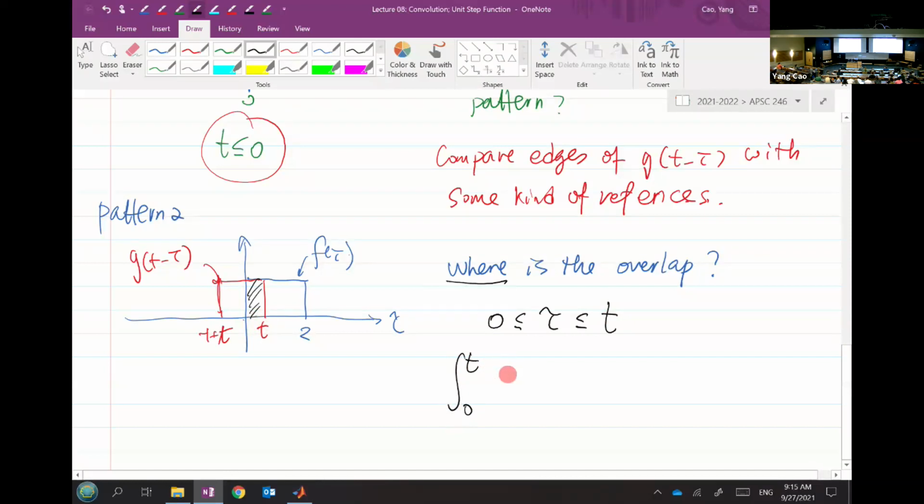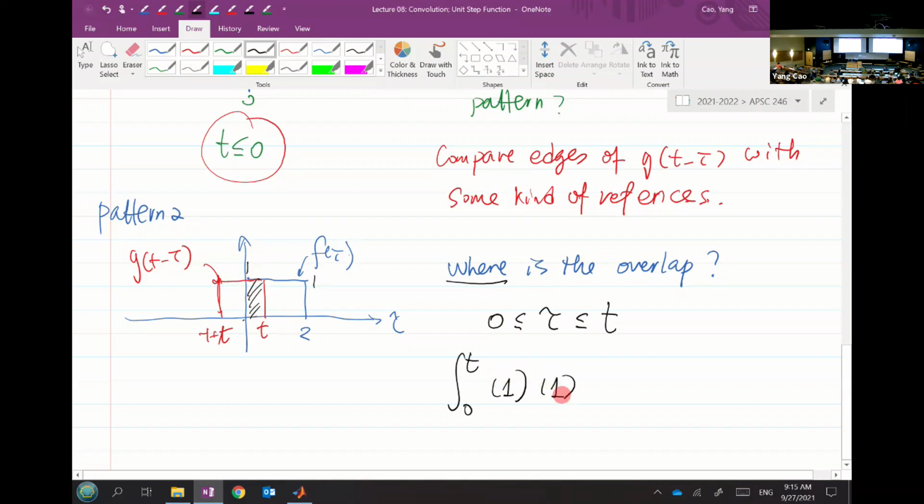So now your next question is, within this 0 to t overlap, I'm multiplying the two graphs here. What is the value for f of tau between 0 and t? The value for f of tau between 0 and t is 1, because the graph here is 1. What is the value for g of t minus tau between 0 and t?